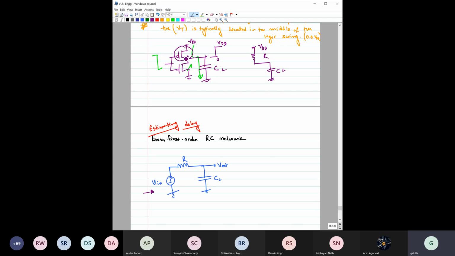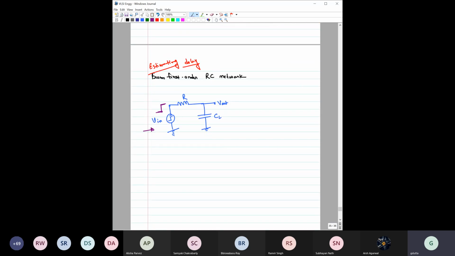This circuit is turned on immediately when you have applied 0 voltage here. So that way you can say this voltage is sharp. To make our calculation a bit easier, we are considering that the input is a step input, and for this step input, we are going to see what the change in this output is, right?